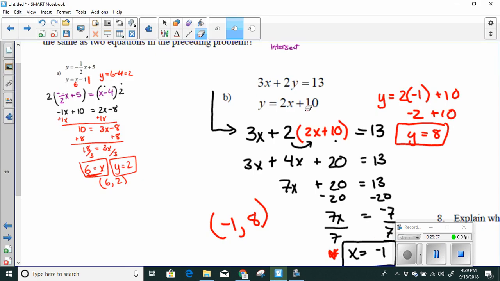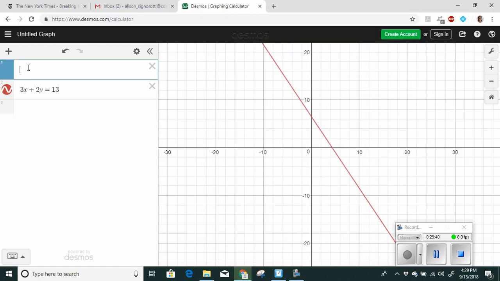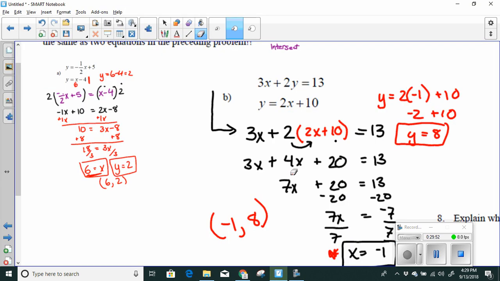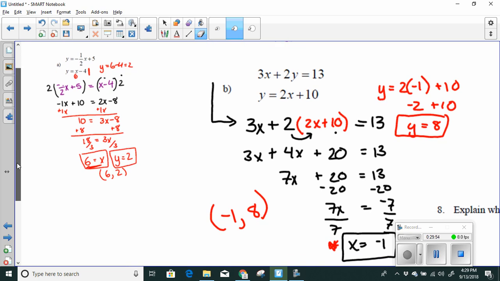And the other line is y equals 2x plus 10. Type that in. And sure enough, these two lines intersect at negative 1, 8. Pretty sure that's what we said, negative 1, 8.